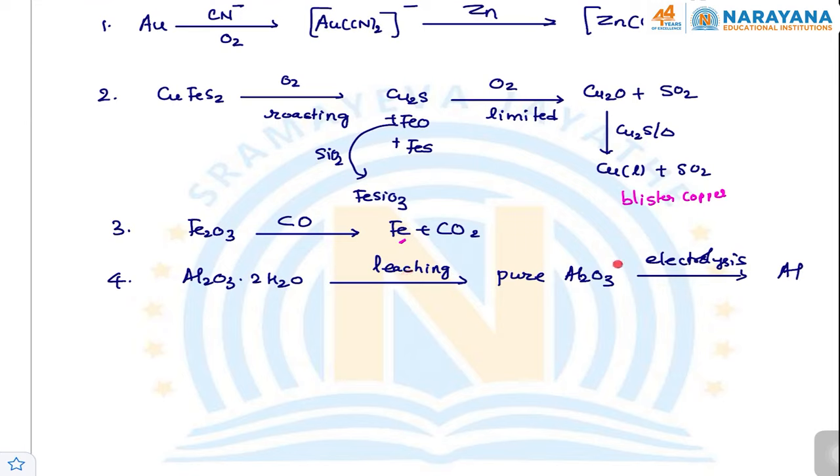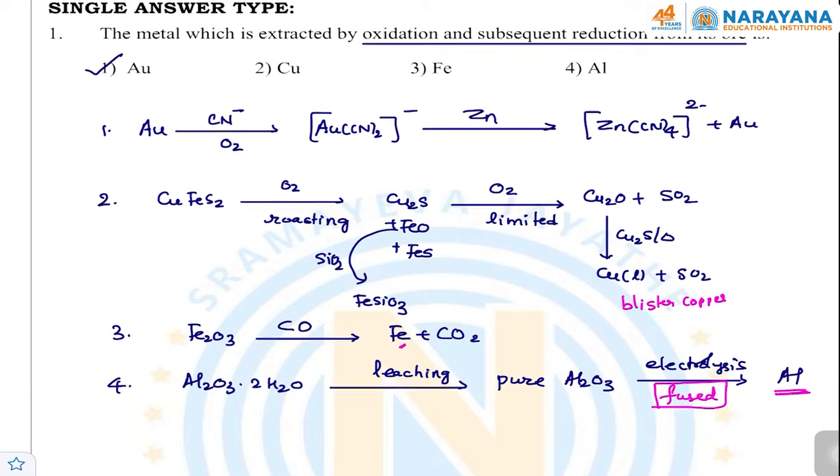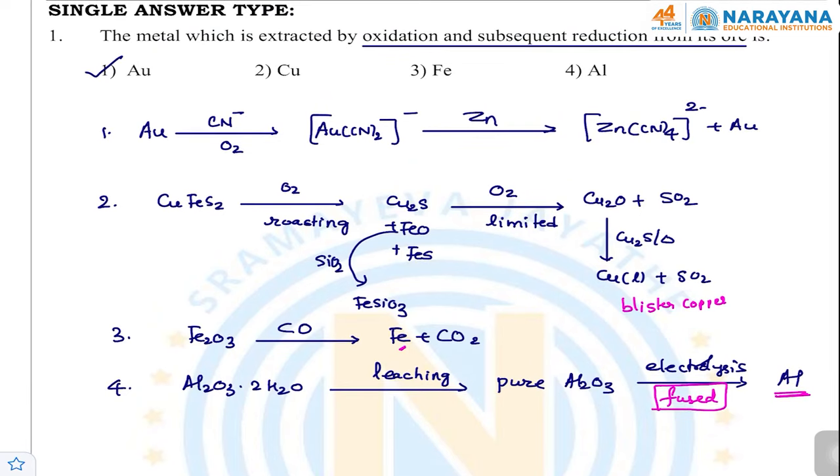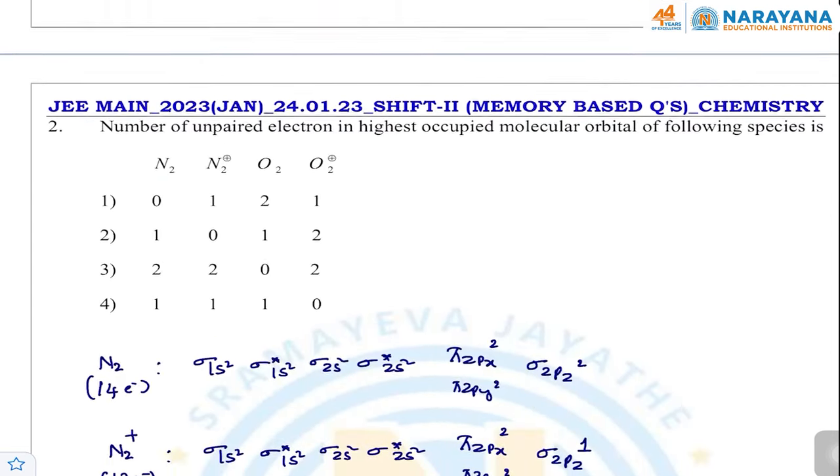So finally we'll get pure Al2O3. That Al2O3 is subjected to electrolysis in fused state using the carbon electrodes. You'll get aluminum at cathode. So this is a good question, repeated question. So gold is the correct answer for this question.